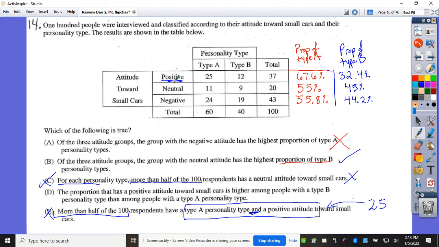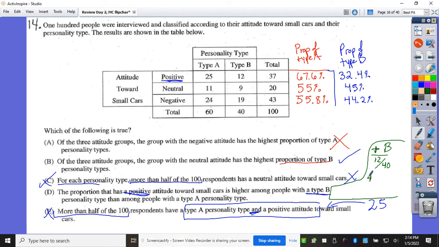Proportion that has a positive attitude among type B, how would I figure that out? So positive for type B, how do I figure that one? 12 over 40. It's switching them there as you're given.